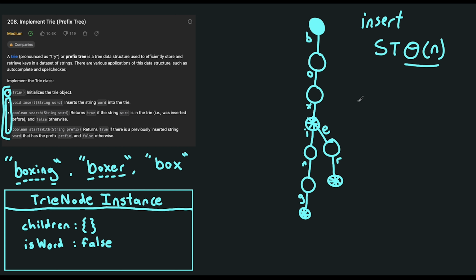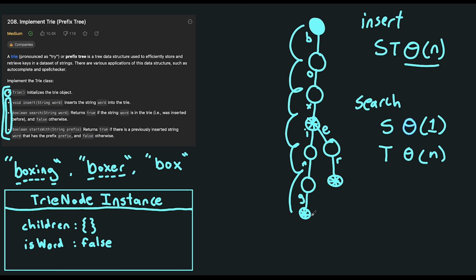Okay, so now let's move on to search. The space complexity here is O of 1, and the time complexity is O of n. The reason is, let's say we are searching for the word boxing.